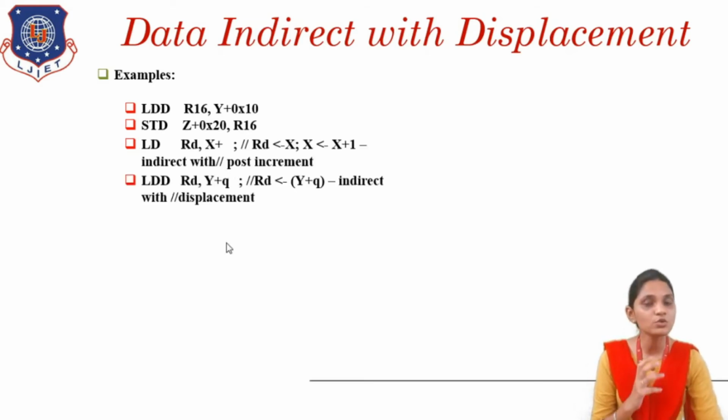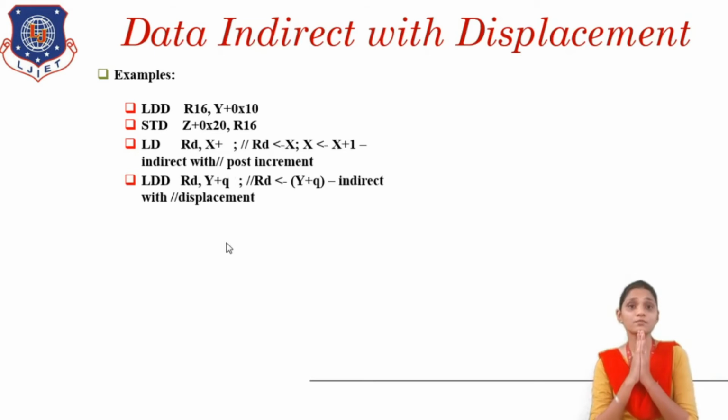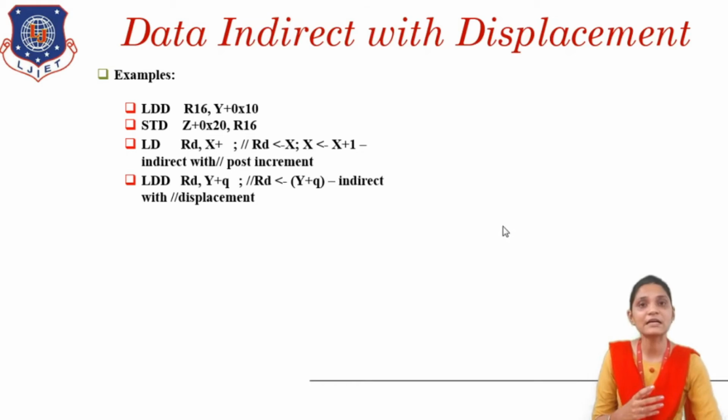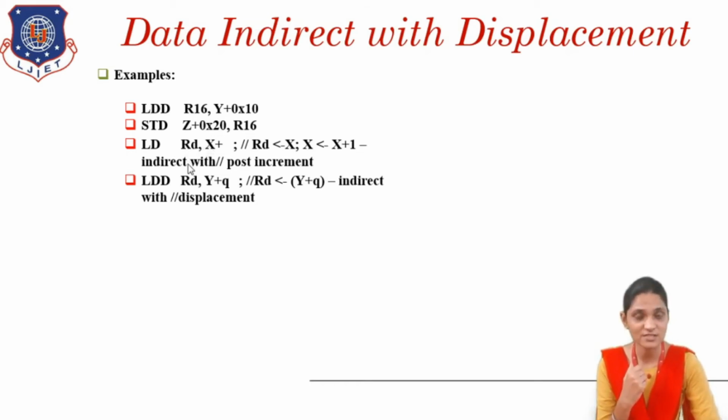In this, the post-increment or pre-decrement addressing modes are also possible. In this example, if we consider the post-increment, then we can have an instruction like LD Rd, X plus. In this instruction, the address of the memory location that is stored in the register X is going to be used, and the content from that memory location is going to be stored in the destination register.